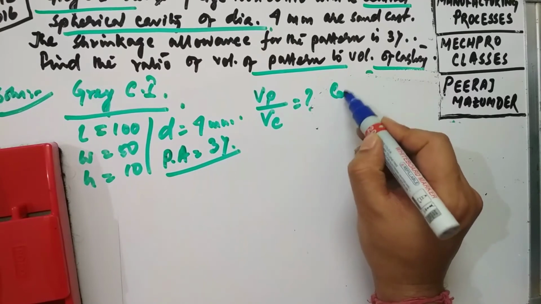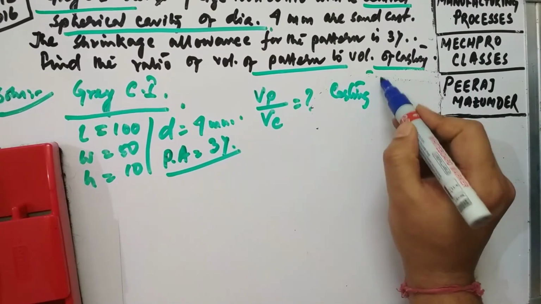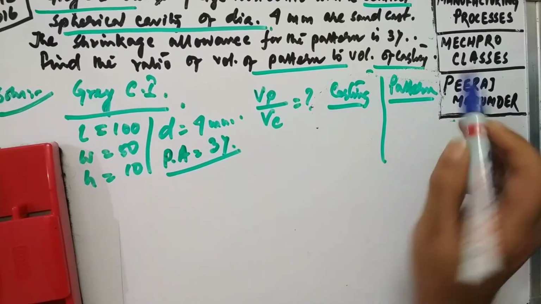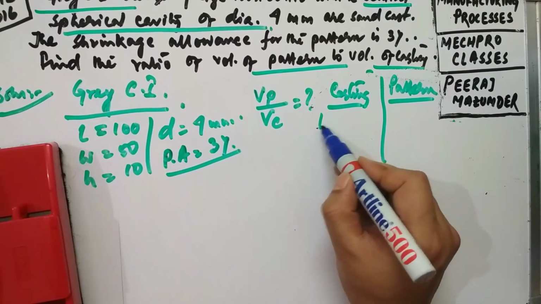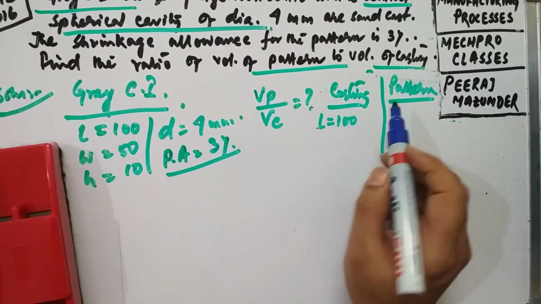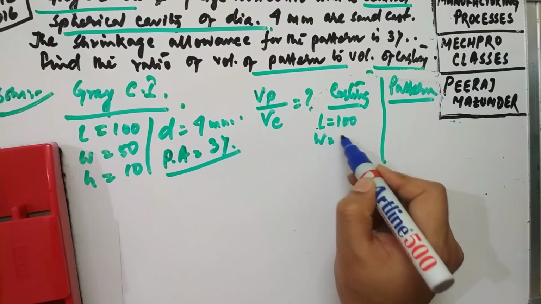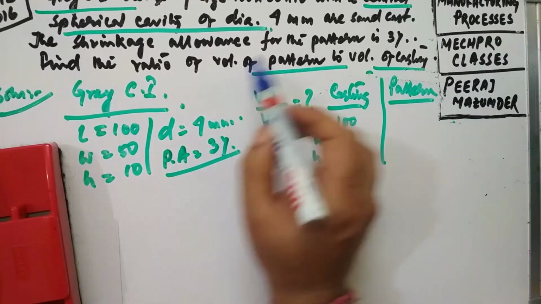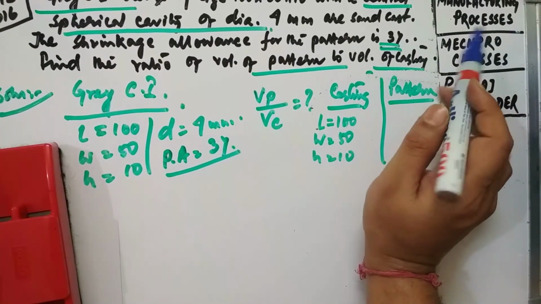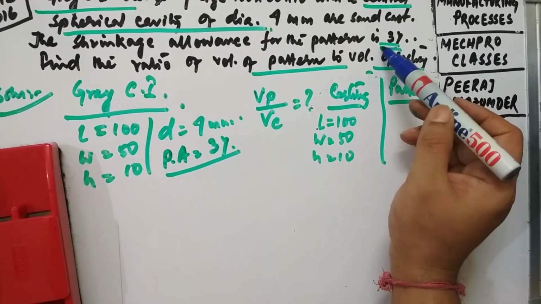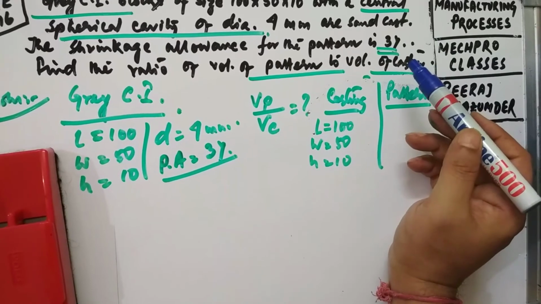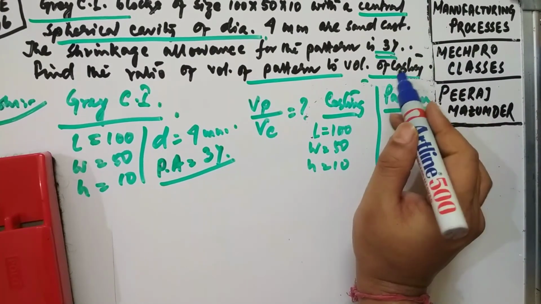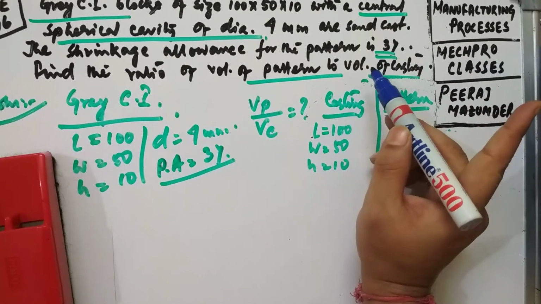For casting, the dimensions are L equal to 100, W equal to 50, H equal to 10. For pattern, you have to consider shrinkage allowance, which is given as 3%.